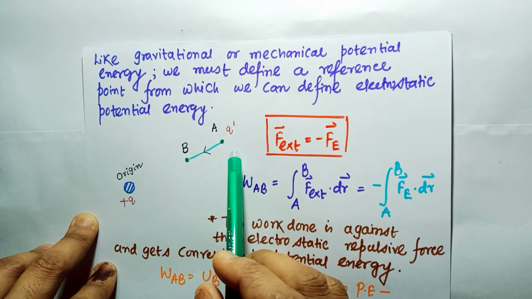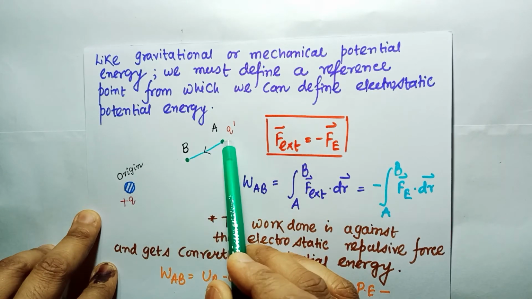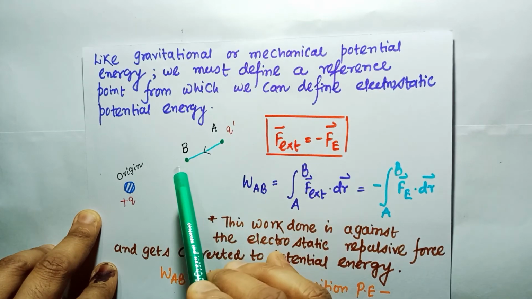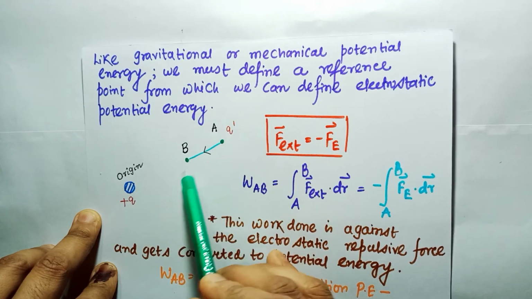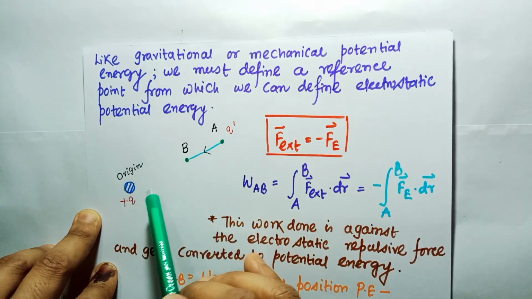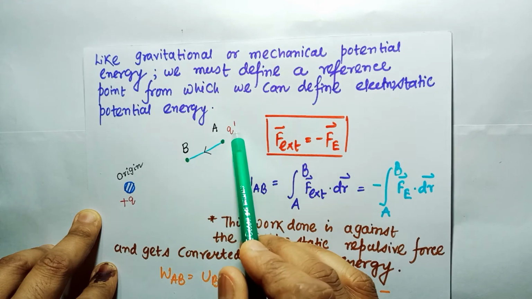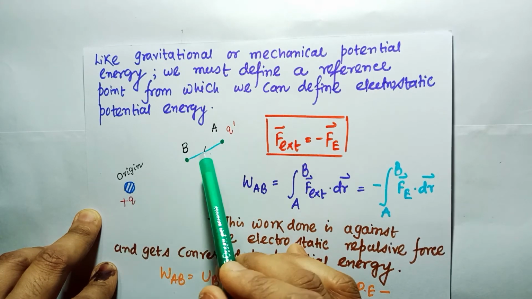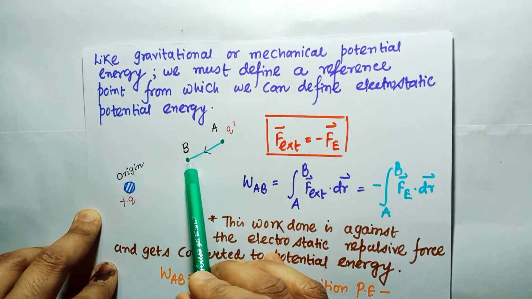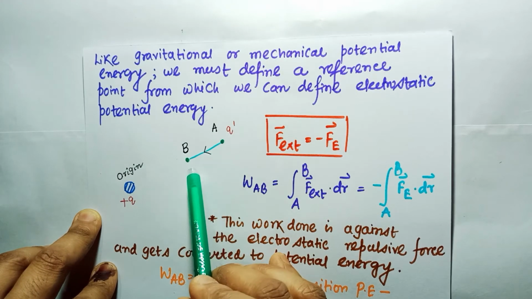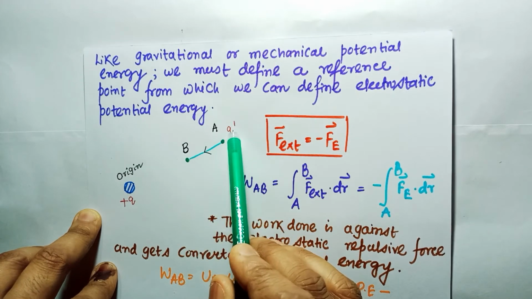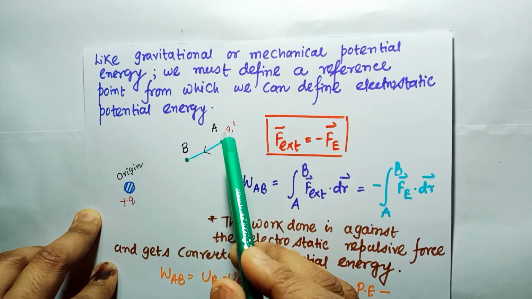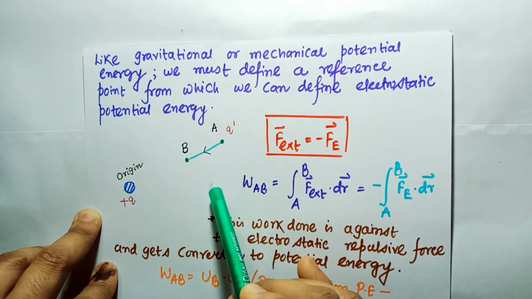I am saying again that at the moment I bring the charge q prime to B and remove the external force, there will be an electrostatic force acting on q prime at point B, and it will try to keep the charge q prime away from this point. The potential energy that has been stored in q prime, due to its movement from A to B, will get converted to kinetic energy.